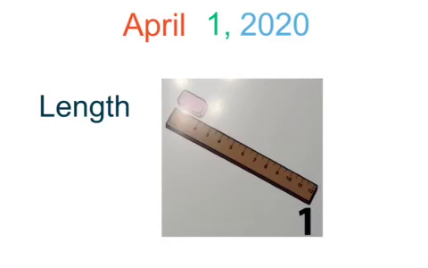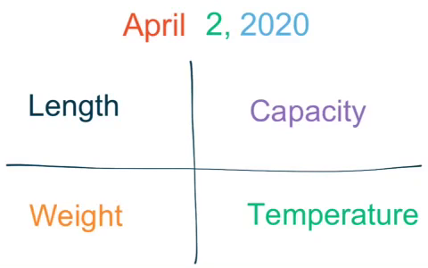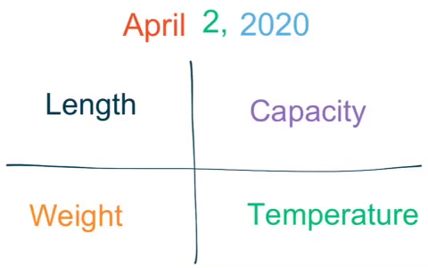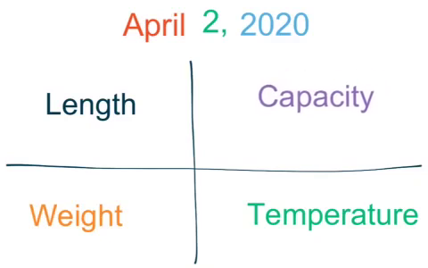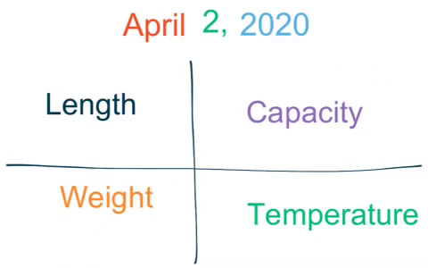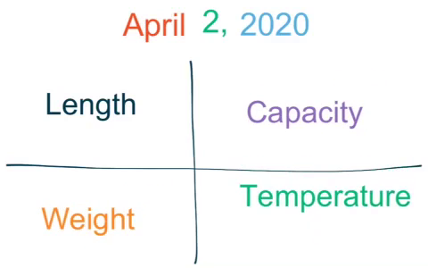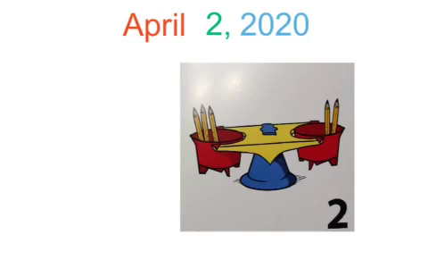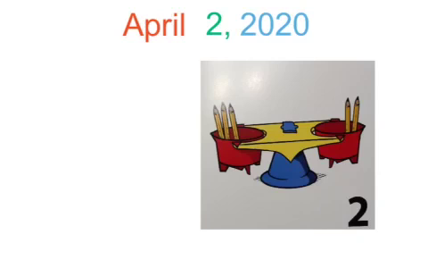Now let's look at today's calendar piece. Today is April 2nd. If yesterday was length, what do you think our calendar piece is going to show us today? Capacity, weight, or temperature? Let's see if you're right. Here's our picture for April 2nd.